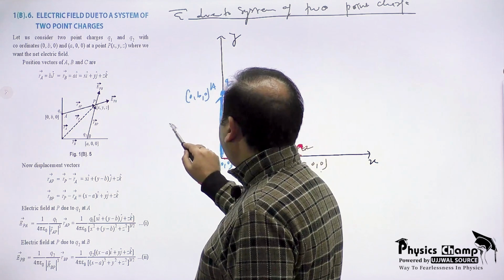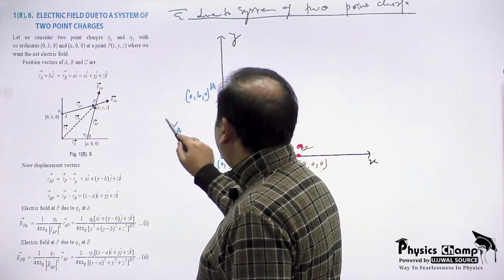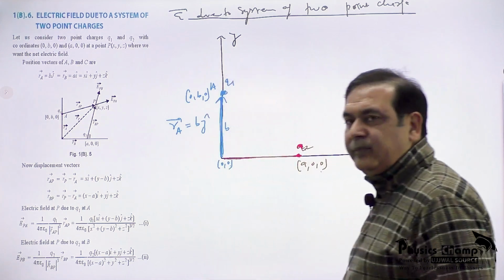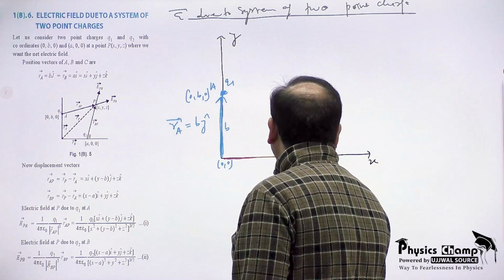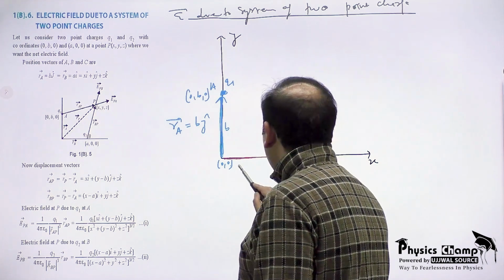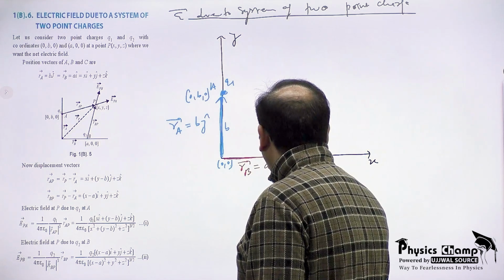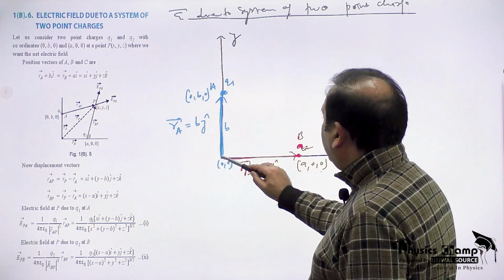So position vector of A, RA vector, is actually Bj. And similarly position vector of B, RB vector, is actually Ai.